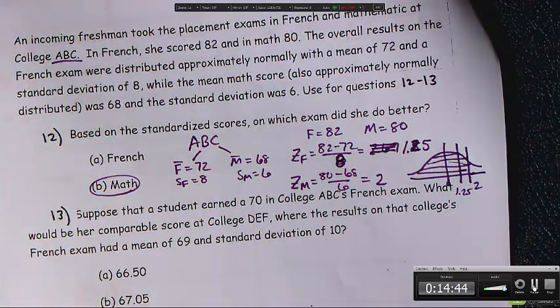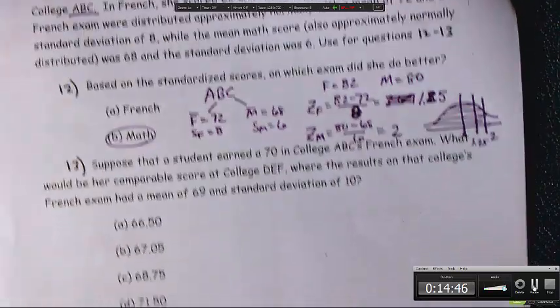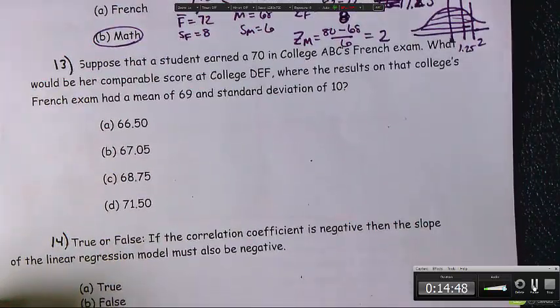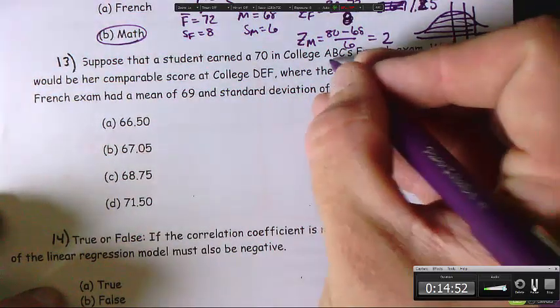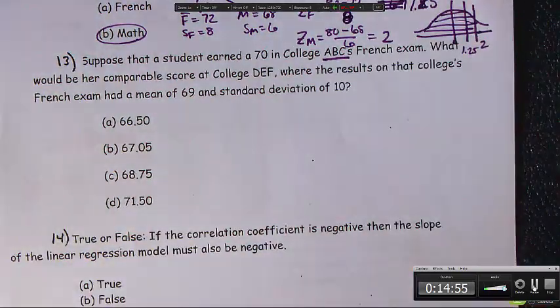Now, a lot of people struggle with number 13. It says, suppose that a student earns a 70 at college ABC French. So we're talking about ABC's French. Then it asks, what is her comparable score? Well, remember, you can't look at raw data. If we want to compare two things, comparable means equivalent z-scores, because z-scores are standardized.